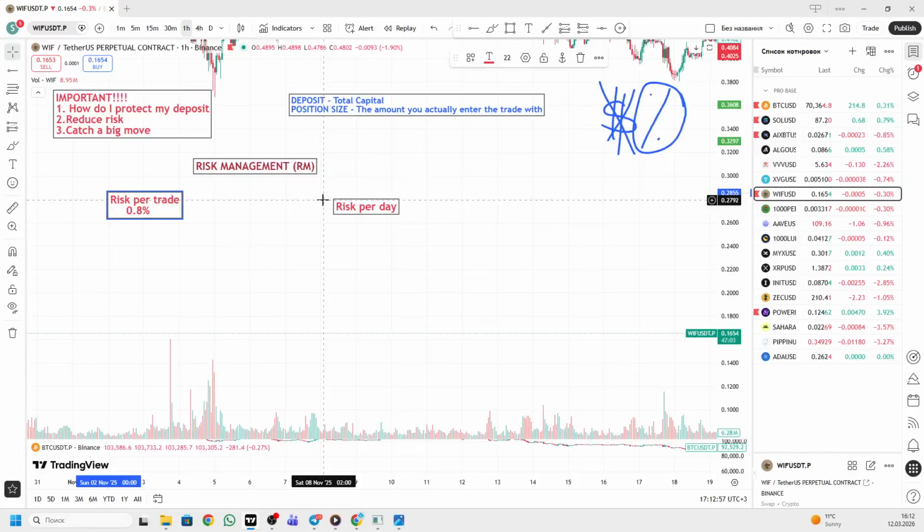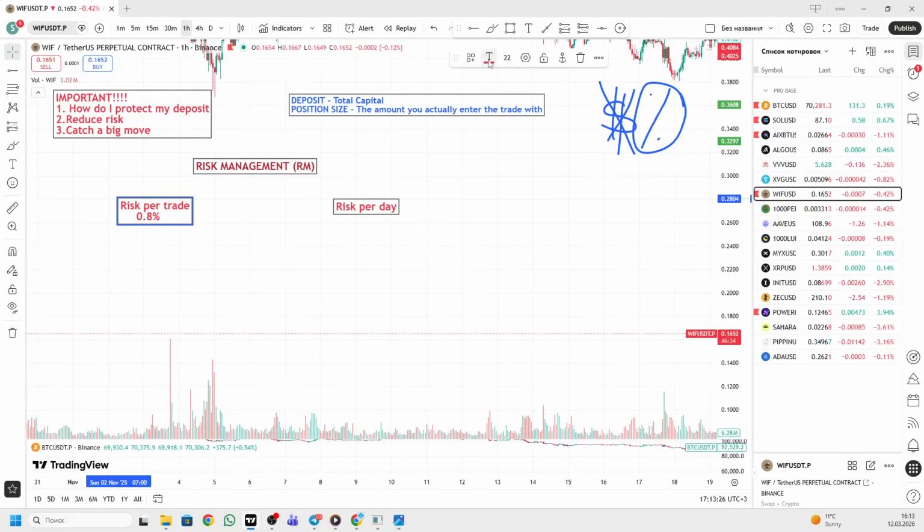Sometimes people ask me, why not 0.5 or why not 1% or 1.5%? Because 0.8 is psychologically easier to handle than 1%. And 0.5 is often too tight, especially in a volatile market, and the asset can stop you out with just a wick. Therefore, 0.8% is optimal.